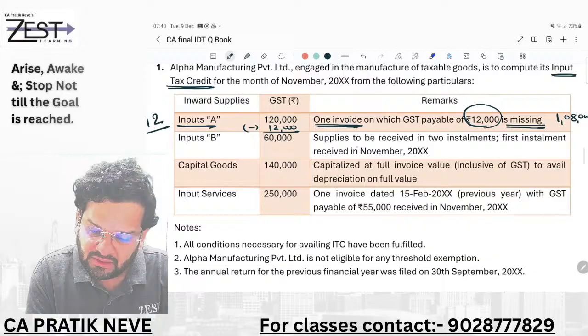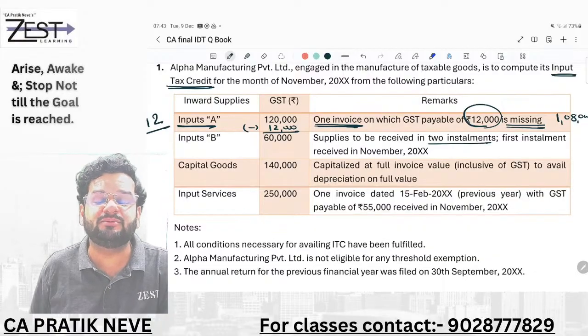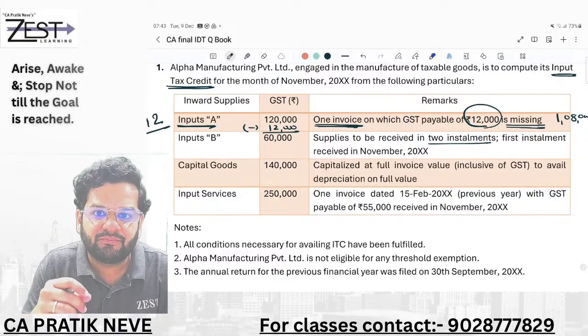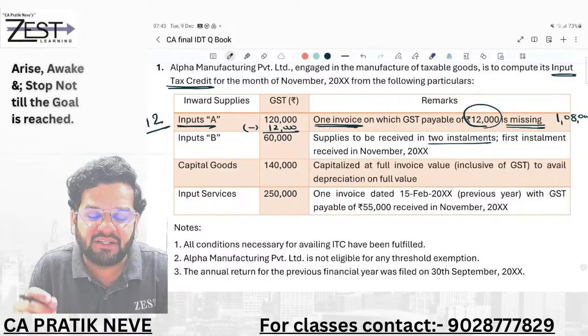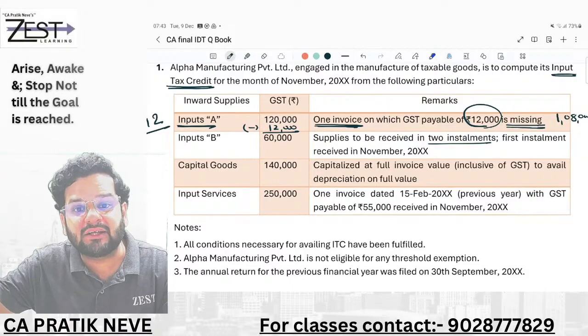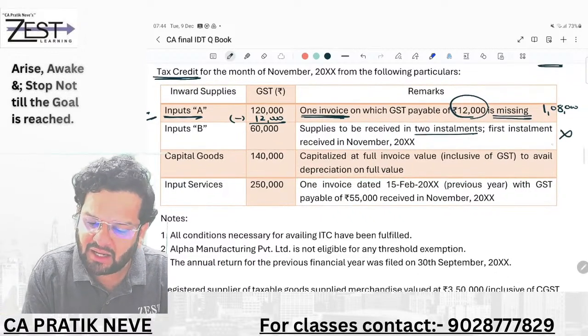Inputs B, supplies to be received in 2 installments. Do you remember where inputs are received in lots or in installments? Then ITC can be availed only on receipt of the last lot or installment. So here you can't take ITC at all.